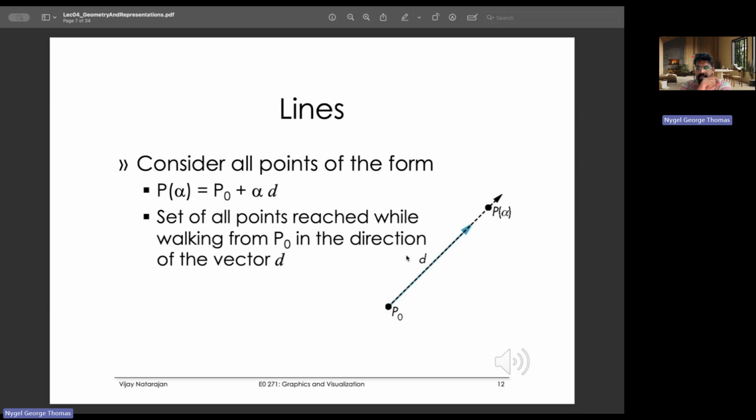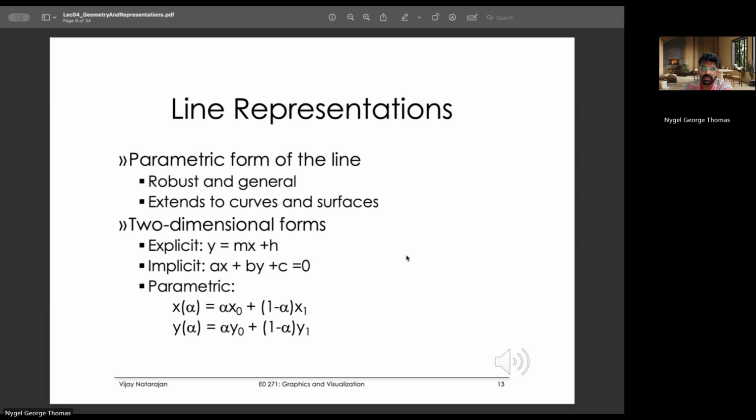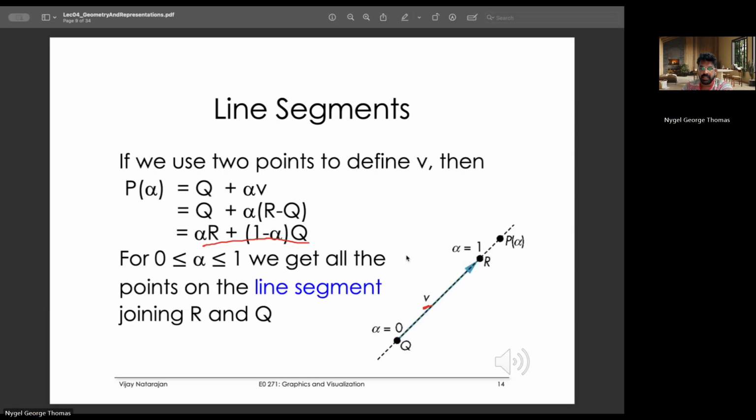If you have a position P0 and a direction d, and we move alpha steps in that direction from that point, then you end up getting a line. There are multiple representations of a line, which is not very important for this course. We'll skip this.